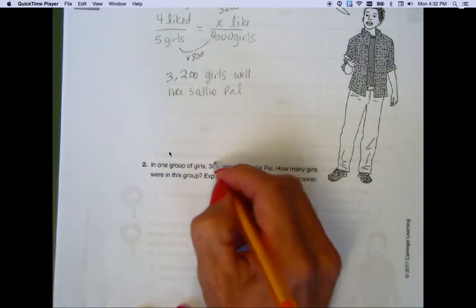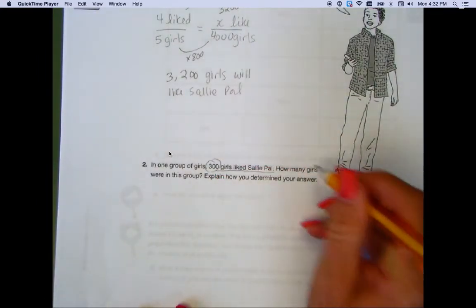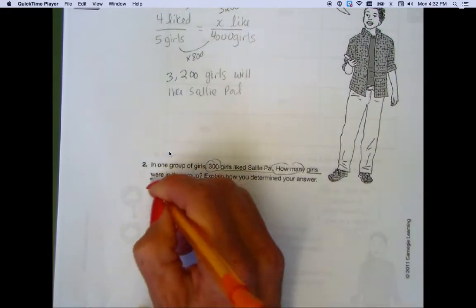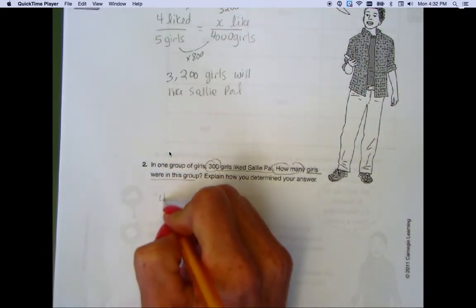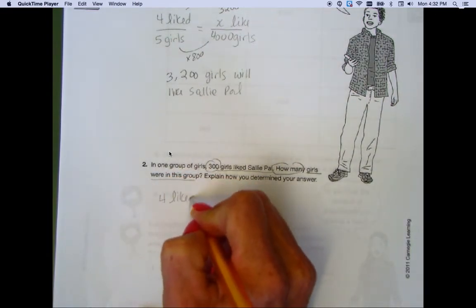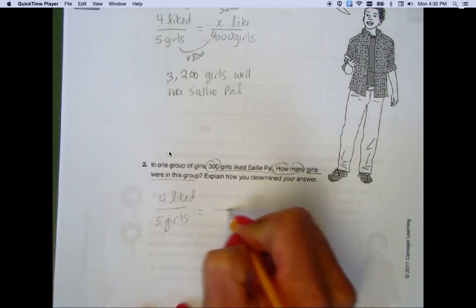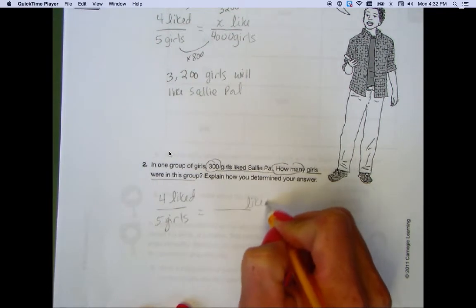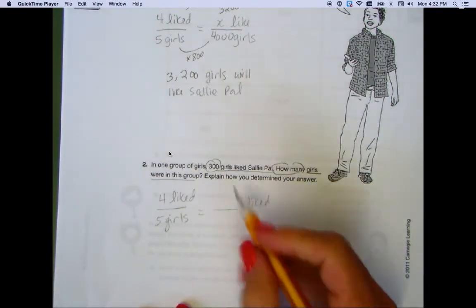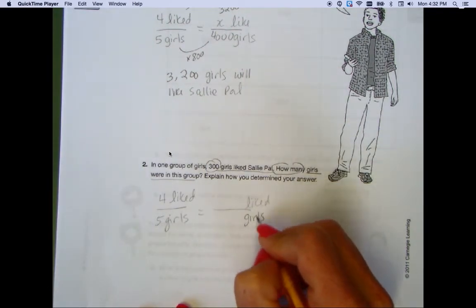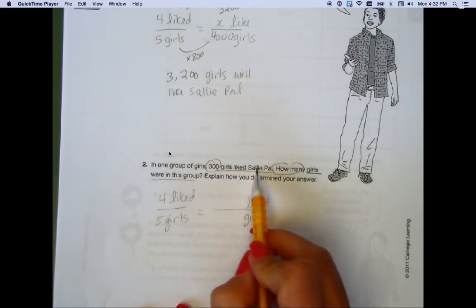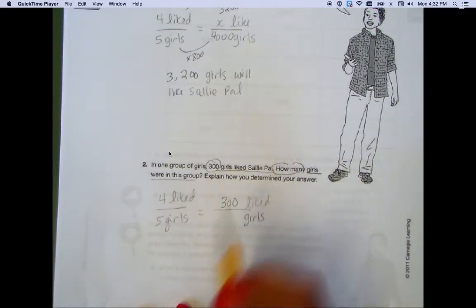In one group of girls, 300 girls liked her. How many girls were in the group? I can set up the same ratio. 4 liked out of 5 girls total. Liked and girls. If 300 girls liked her, they go here.